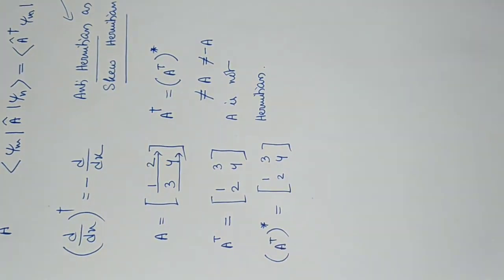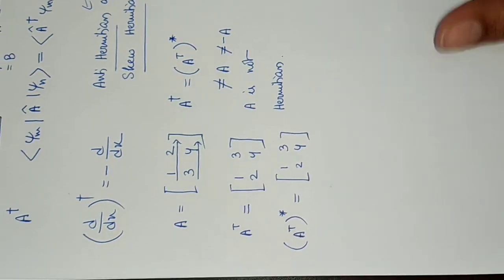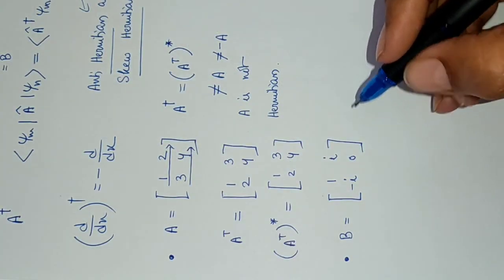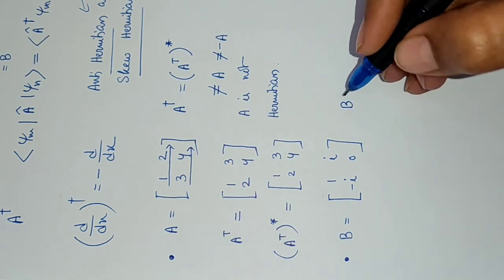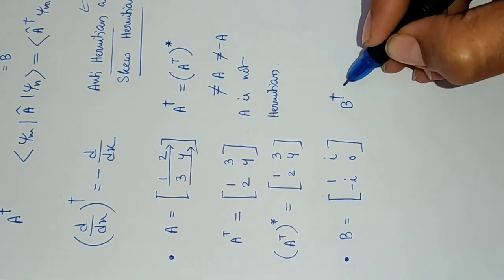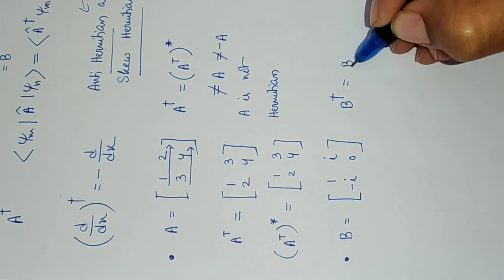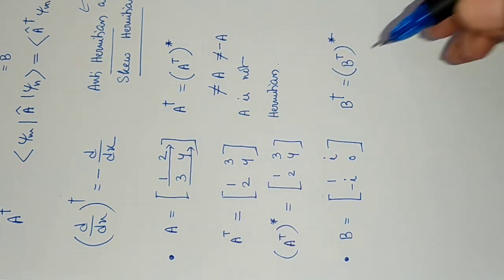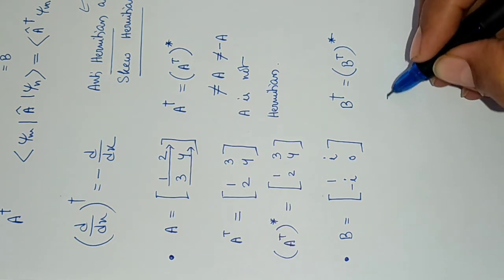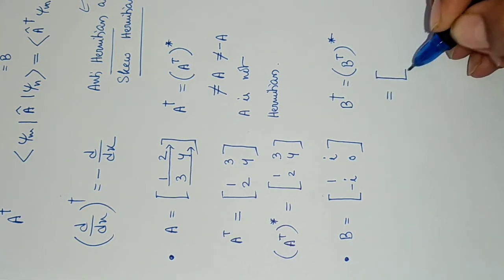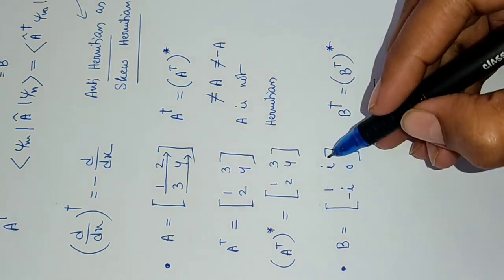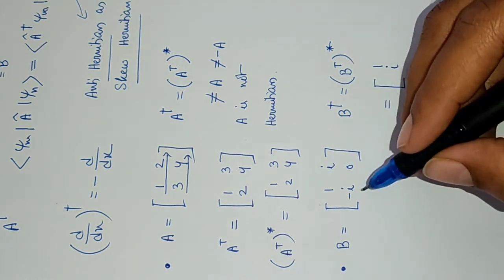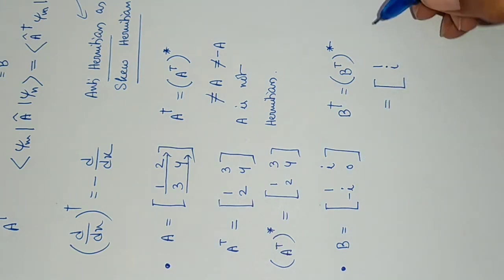Now, let us take another matrix as an example. To find the adjoint of this matrix, we have to perform the transpose and then take the conjugate. When we perform the transpose, this row becomes column 1 and the second row becomes column 2.